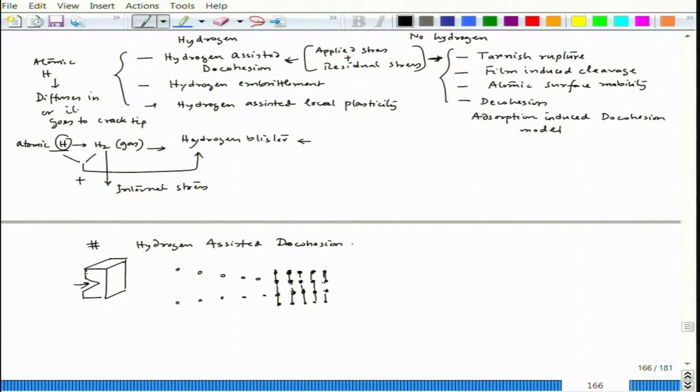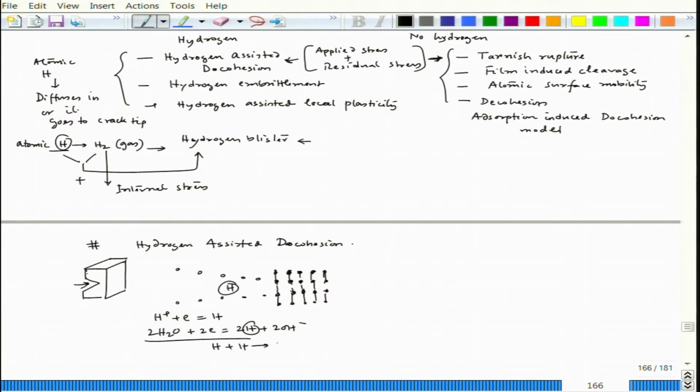Now, what happens? Hydrogen goes in, and that hydrogen formation is possible if it is an acidic medium, or if it is water reduction. These two reactions can give you atomic hydrogen, and if there are hydrogen poisons like arsenic, phosphorus, those act as hydrogen poisons. Those hydrogen poisons would not allow this recombination reaction.